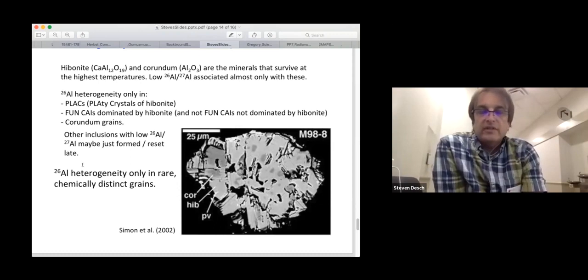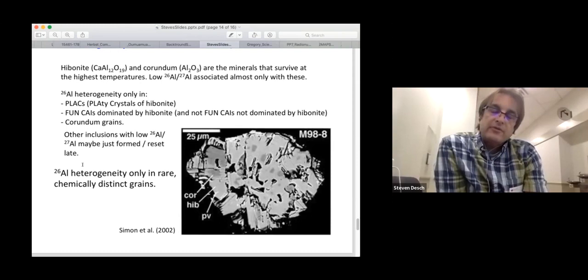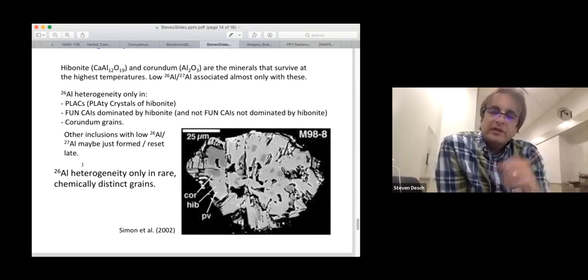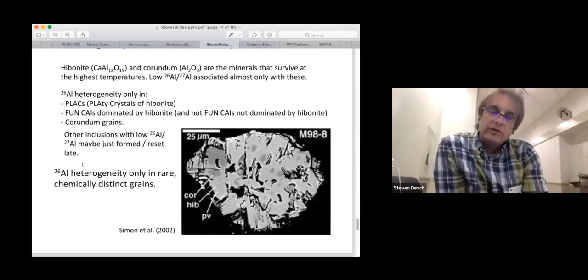I think that's what we're seeing when we see the PLACs, the hibonite-dominated FUN CAIs. You're looking at some very rare, very small, very unusual samples that are looking before the time of the solar system, recording the pre-solar stage. But other than that, no, the nebula was spatially and temporally homogeneous, and it does not demand a nearby supernova or production within the disk. It's all consistent with inheritance from the molecular cloud.